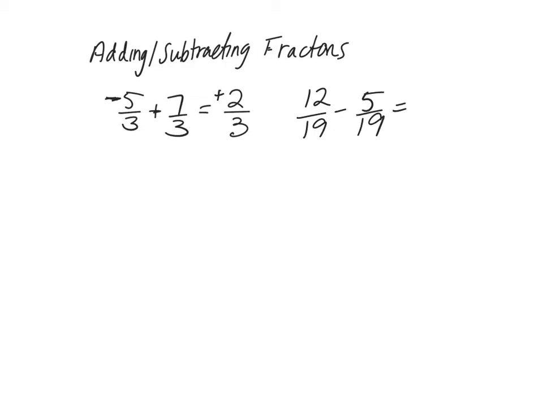So how about 12/19 minus 5/19? Subtract the top. Okay, I only have one. They're both positive and I'm subtracting, so just do subtraction like normal. 12 minus 5 is 7. The denominator is 19.